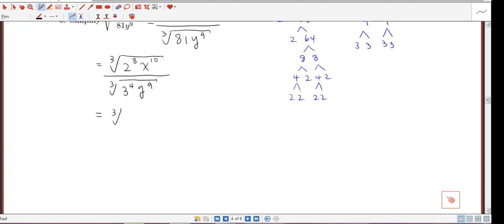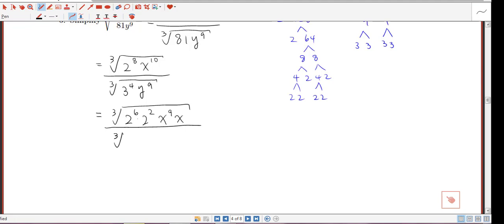Let's look at the numerator. 2 to the 8th, where's the break-off point? What is the biggest number before 8 that's divisible by 3? That will be 6, I believe. So break it off at 2 to the 6th. And then how much more do we need to make it into 8? 2. And then let's deal with the x to the 10th. Where's the break-off point? It would be x to the 9th times x.